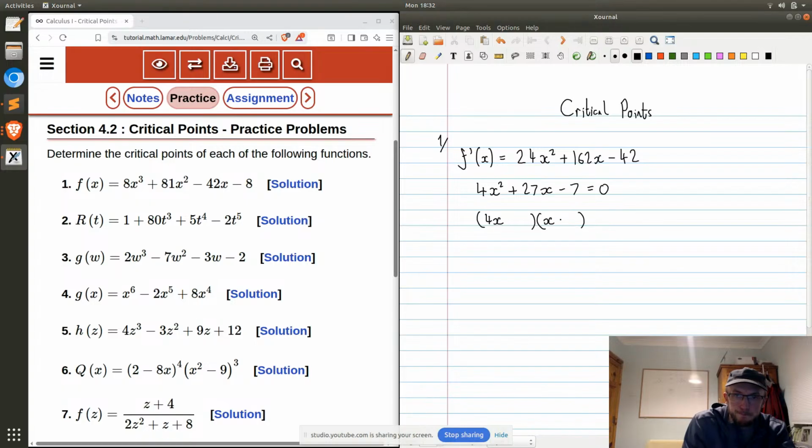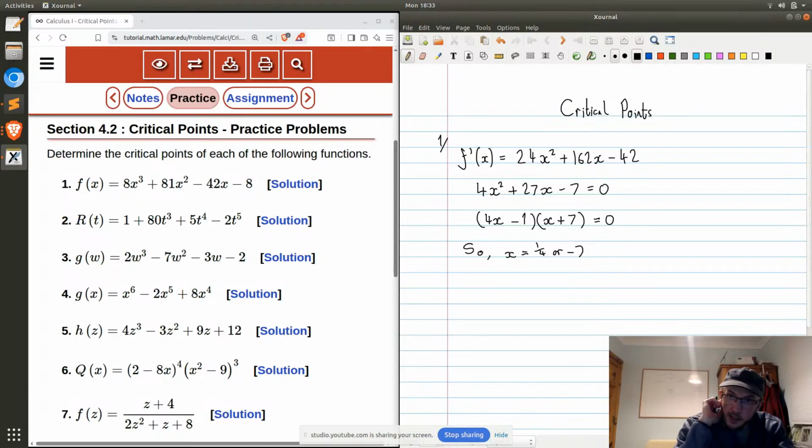So I think this is the answer. So I think it's a quarter or minus 7, right? But now, what is the definition of a critical point?